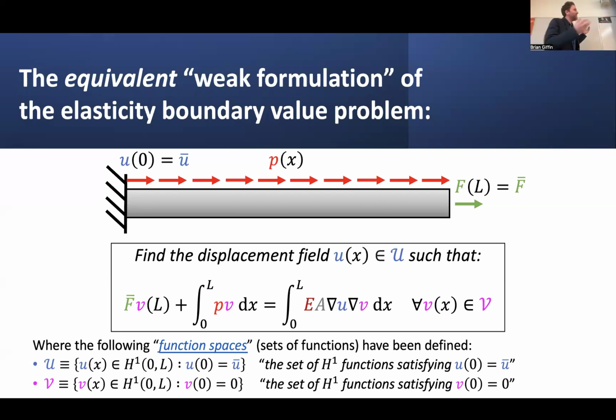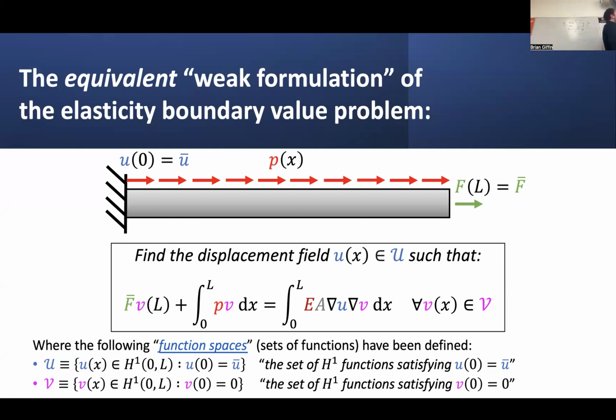But it has to satisfy this expression for any possible choice of arbitrarily selected test function v. So it basically says I could choose any of these arbitrarily selected weighting functions or test functions v, plug it into this whole expression, carry out the integrals, and whatever I get, this expression should still be valid. All right, it's nonetheless equivalent.